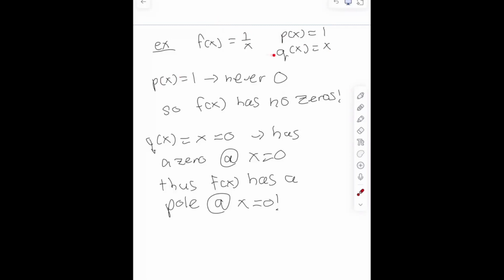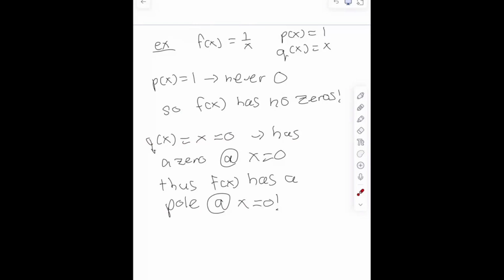So this whole function has no zeros. Now, if we wanted to find the poles, we would look at the bottom function, q of x. And q of x is x. So we set that equal to 0, and we see that q of x equals 0 when x is 0. So this whole function, f of x, has a pole at x equals 0.